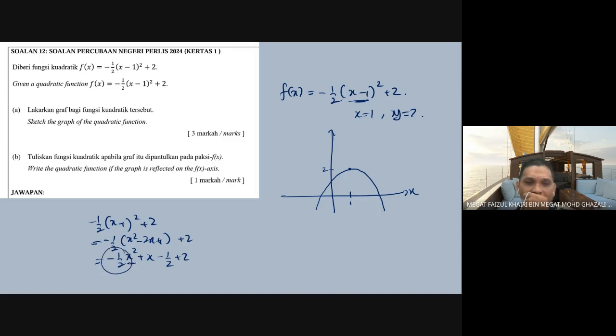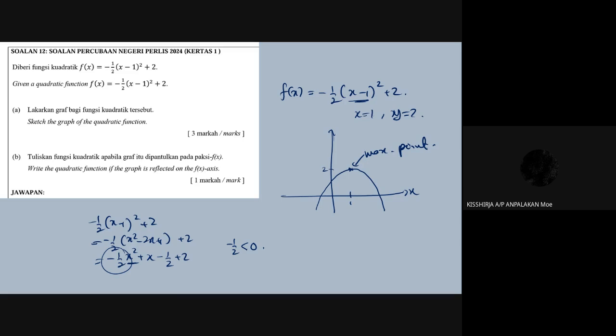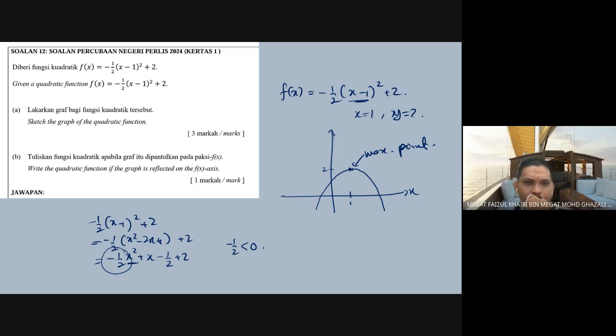The coefficient of x squared is negative, which is less than 0, so it has a maximum point here, which is (1, 2). Okay, so this is the one. And when x equal to 0, 2 minus half, which is 3 over 2.